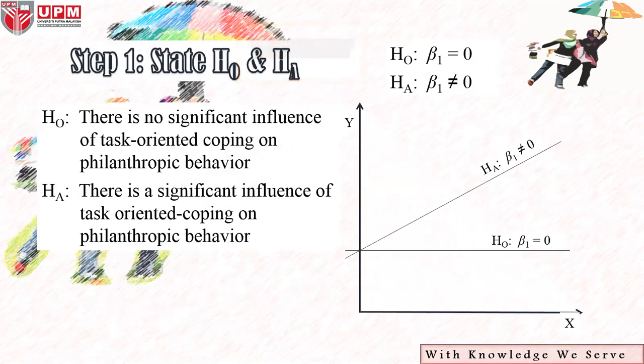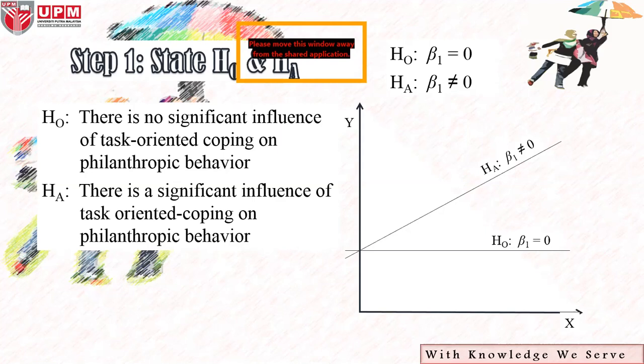For the slope, you need to state the hypothesis individually according to your IVs. If you have 2 IVs, you need 2 hypotheses. If you have 3, then you need 3 research hypotheses. It depends.